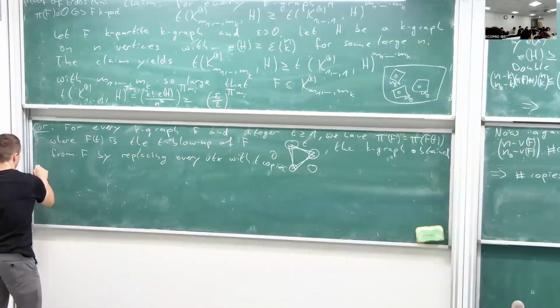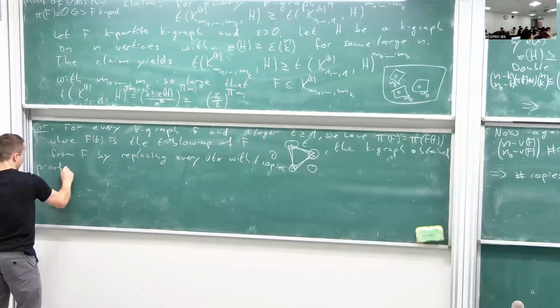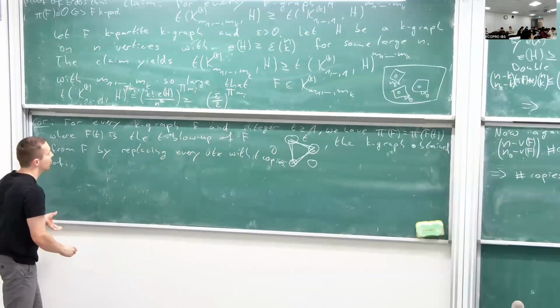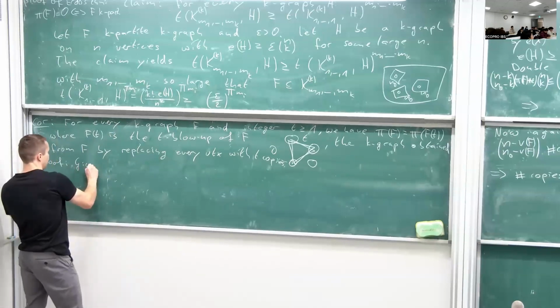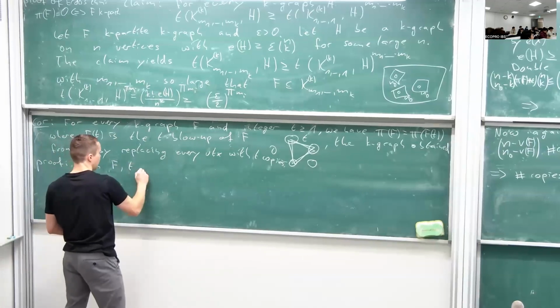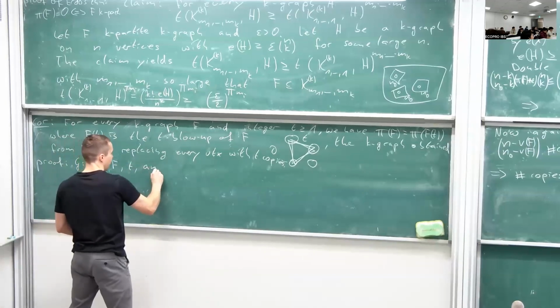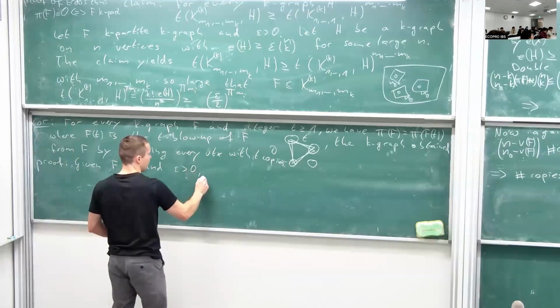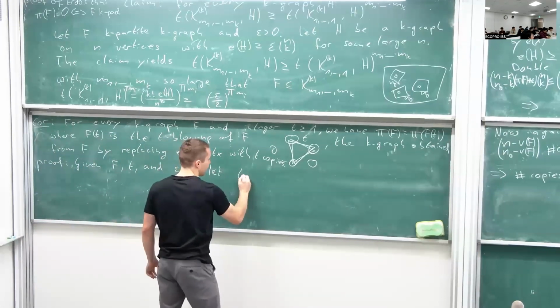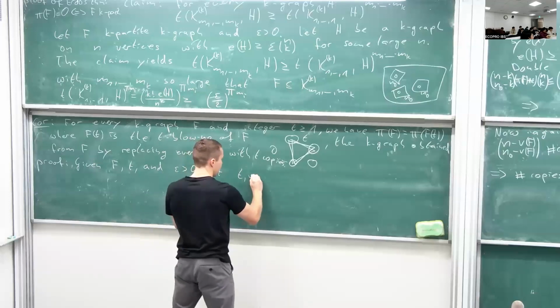Okay, how do we prove this? So given F, T, and epsilon, let's choose some constants.